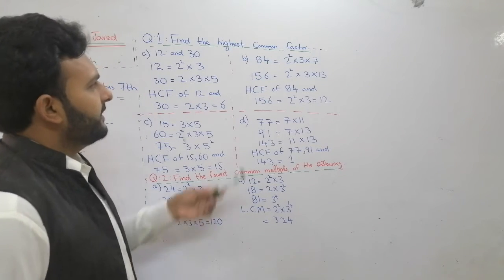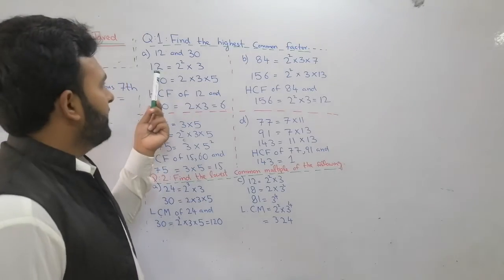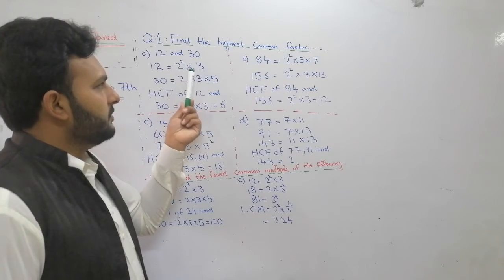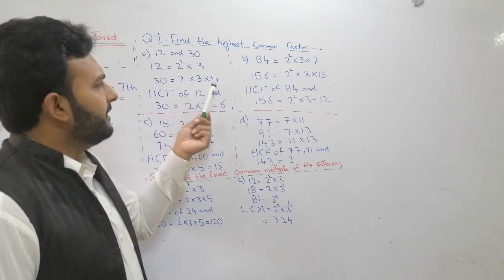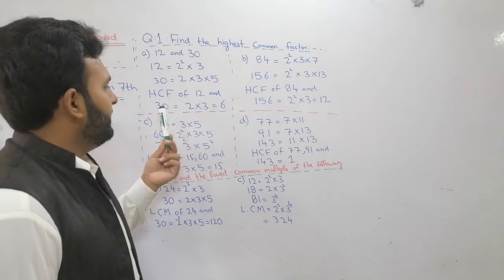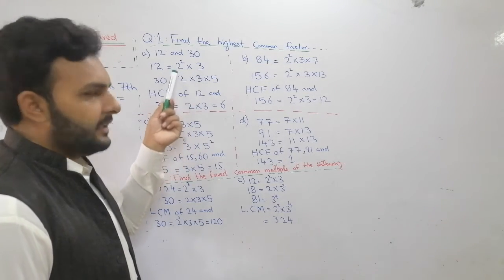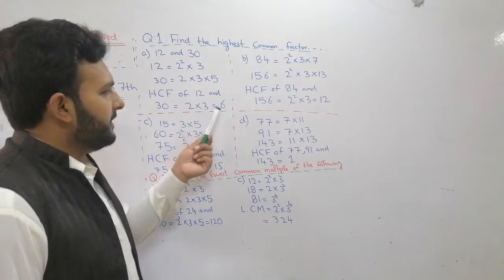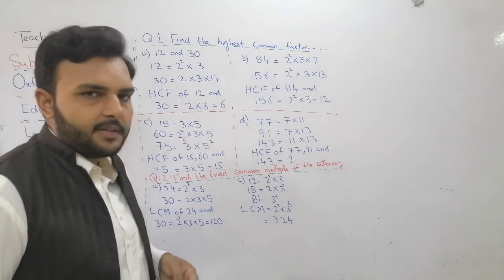The prime factors of 12 are 2, 2 and 3, and of 30 are 2, 3 and 5. Now the HCF of 12 and 30: 2 is common one time, and 3 is common. So 2 into 3 is 6. So 6 is the highest common factor.